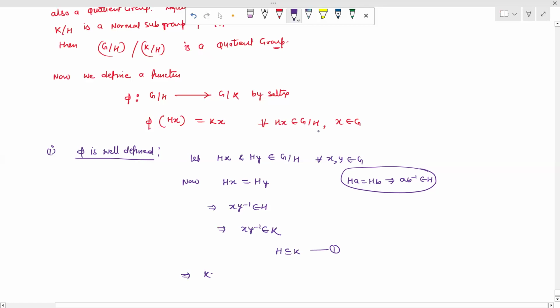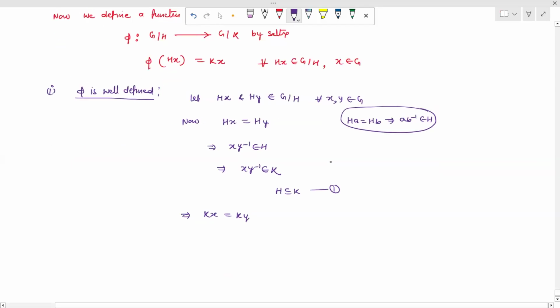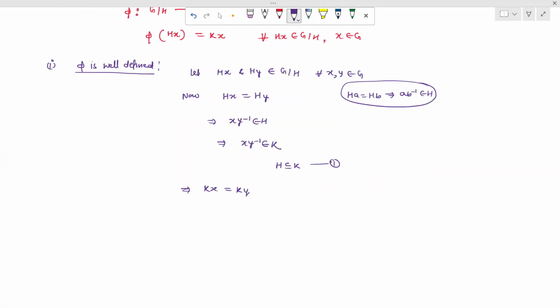Similarly, when we consider Kx equal to Ky, we can write this by using the reverse definition. That means when ab inverse belongs to K, this implies that Ka is equal to Kb.